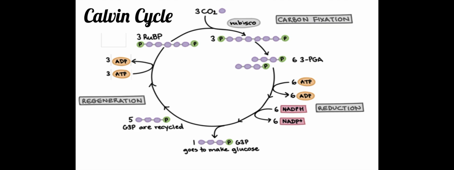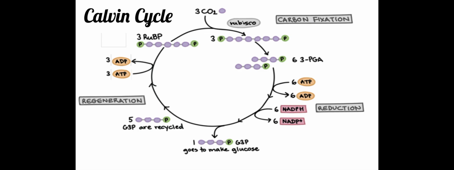Now, before we get started with the third phase, regeneration, what happens with the ATP and NADPH? Actually, the ATP is turned into ADP, and NADPH is turned into nicotinamide adenine dinucleotide phosphate, or NADP+. And they head into the light reactions to be converted back into ATP and NADPH.